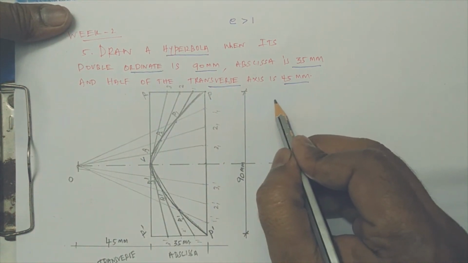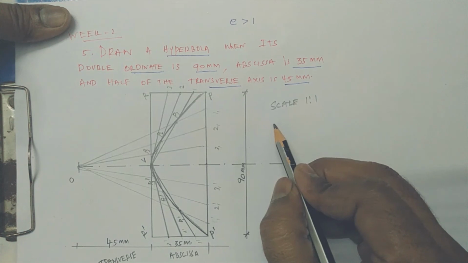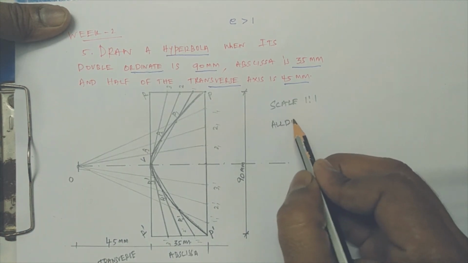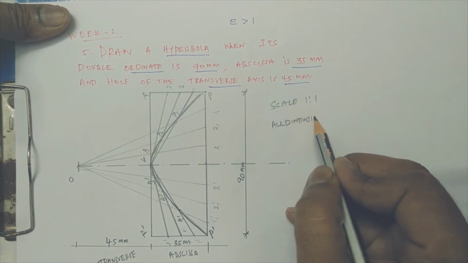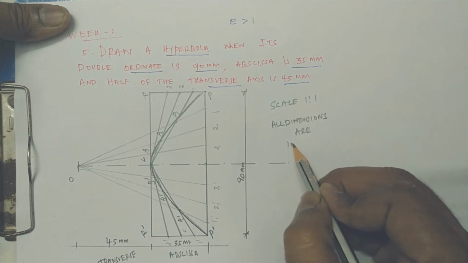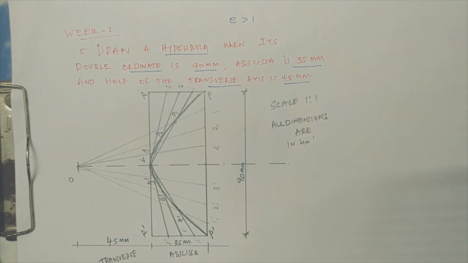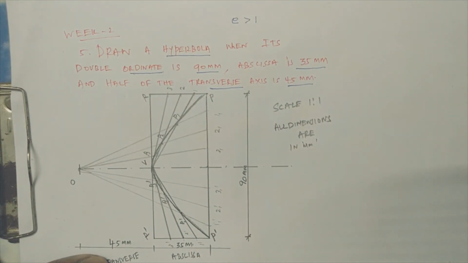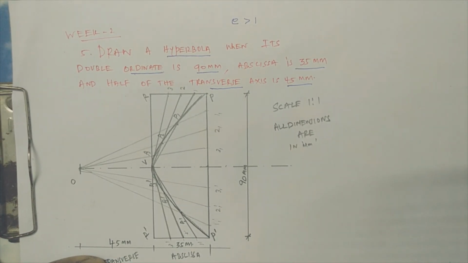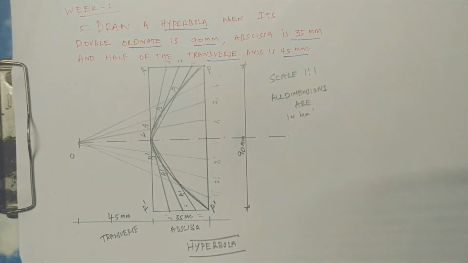Here you can write the scale as 1:1 and specify that all dimensions are in mm. The topic you can specify here is hyperbola. That's it. Thanks.